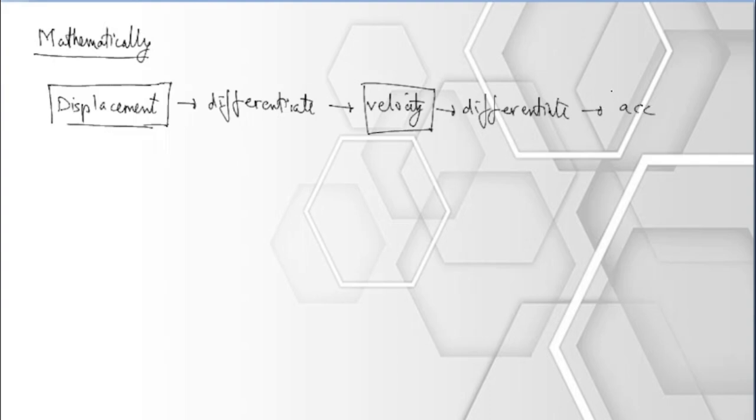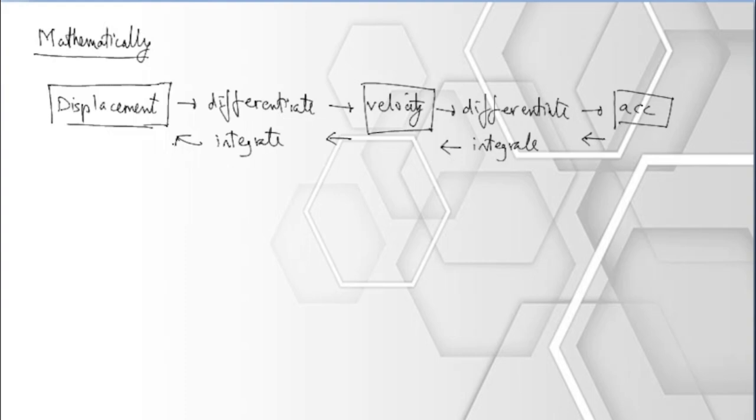But if acceleration is given, you have to go the reverse way. How? You have to integrate to obtain the velocity, and again integrate the velocity to obtain displacement, depending upon whatever value is provided to you.